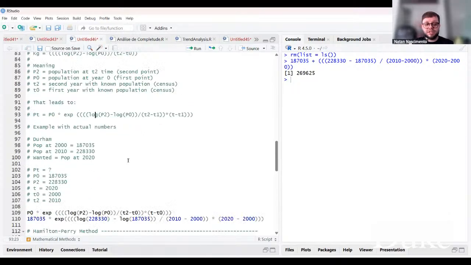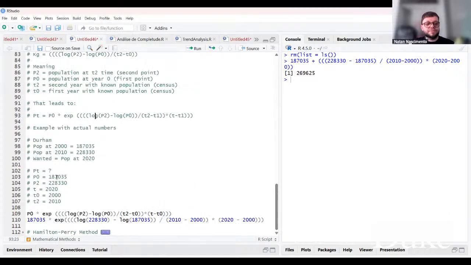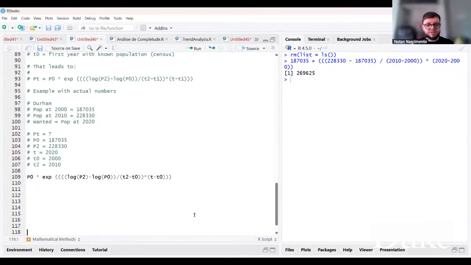Let's go with an example for the actual numbers. So I'm going to use Durham again. So the same things, the same population, and the same year that we want. It didn't change anything, but now the formula is a little bit different. So let's do this. Population at time 0 will be 187,035.